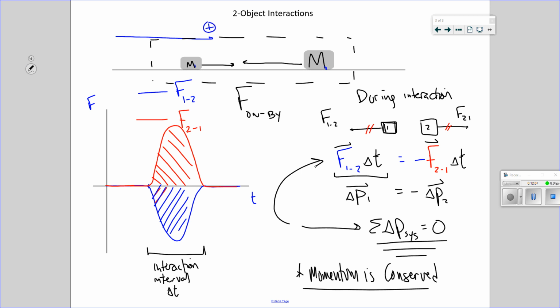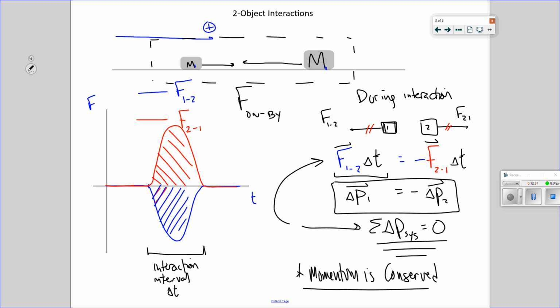So it says that these two impulses that objects experience have to be equal and opposite, right? And again, that has no bearing whatsoever on anything to do with either object. It has no bearing on mass or speed or direction. That is always the case. It is always the case that when objects interact, the system's momentum is conserved, is constant. Okay?